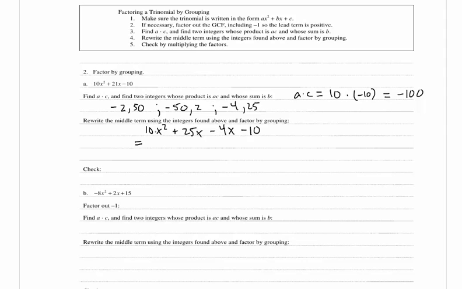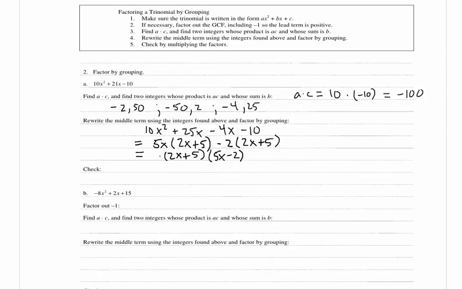and when we factor this, we're going to take a 5x out of the first two terms, and then we have 2x plus 5. And out of the last two terms, we're going to factor negative 2 out, and then we have 2x plus 5. And when we factor out our binomial 2x plus 5, we have 2x plus 5 times 5x minus 2.